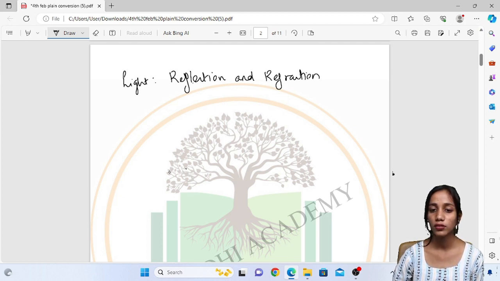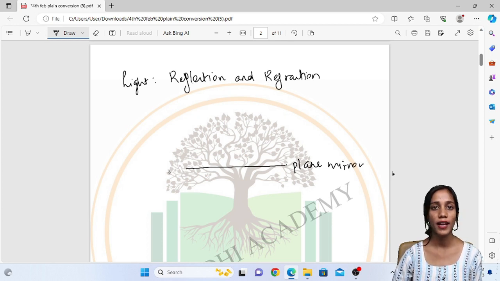Consider this surface to be a plane mirror. The top part is the reflecting surface of the mirror and the bottom part is the plane surface. On the mirror there is a reference ray.